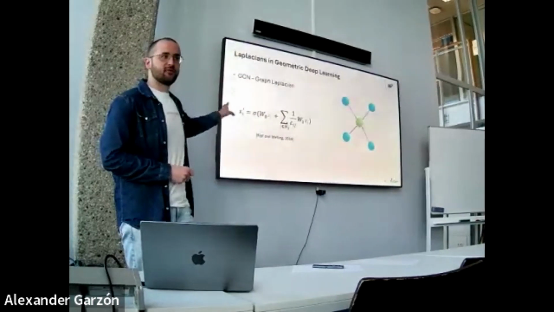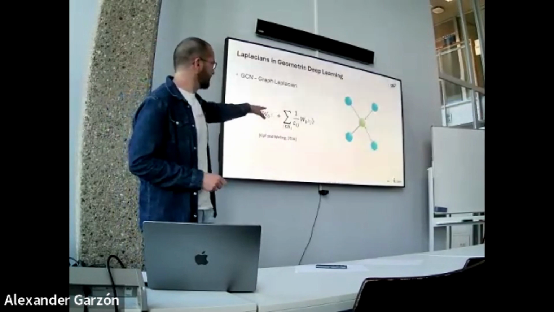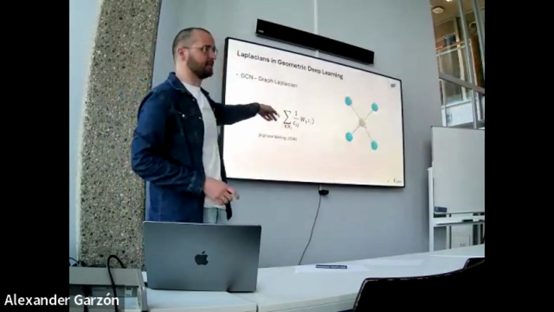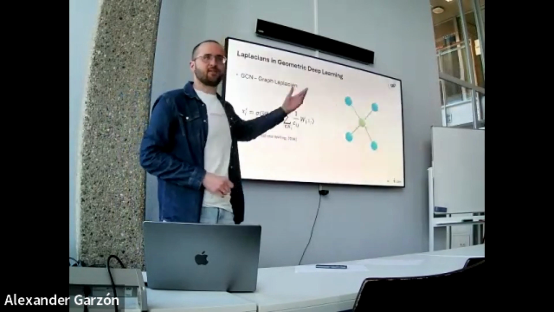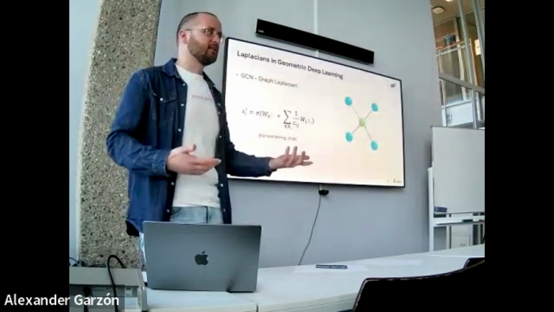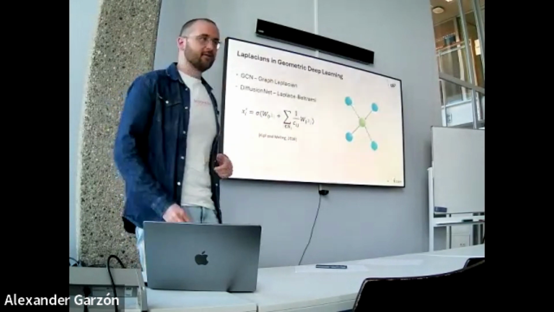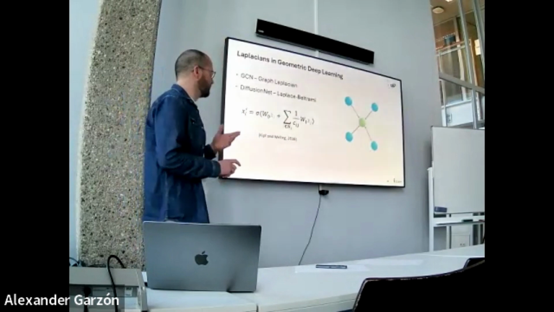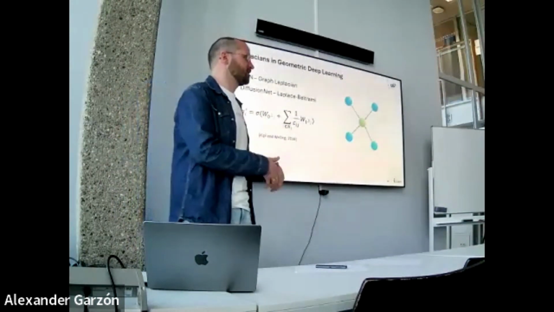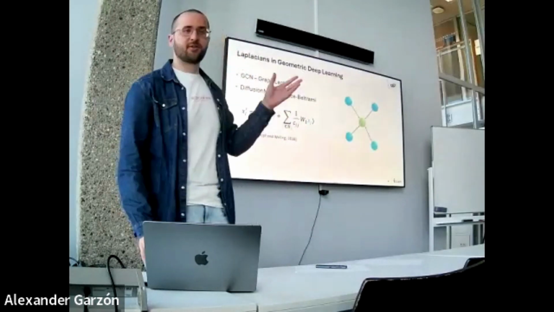When you've used GCN, you've used the graph Laplacian, which is often formulated not as this operator approach, but as an aggregation of the weighting of your neighbors. But this encodes the graph Laplacian, which is a way of formulating convolution on the set. Another place where this has been used is in DiffusionNet, where they use not just the graph Laplacian, but a geometric Laplacian, so it also encodes geometric information. And this has been used before.